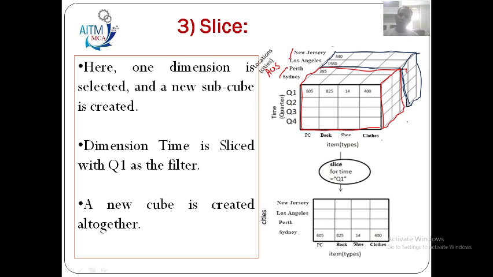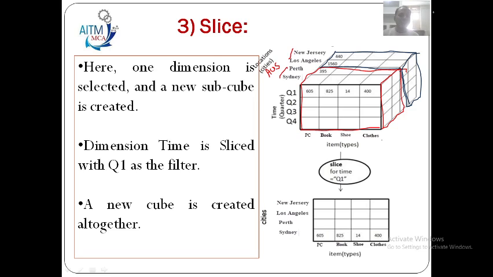Again here also those columns, cloths, items, everything will be there. Here also quarterly it will be there. The information will be the same, but I have divided the cube into a number of slices, and a new cube is created. When you slice it, this is one cube and the blue color is another cube.